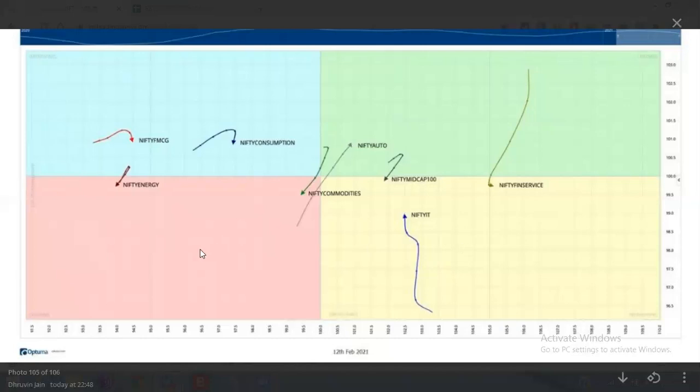Lagging, which is the red region: if a sector is in this quadrant, the whole sector is moving really down. In this region, the RS and the RS momentum are both weak. And improving, which is the blue region, has weak RS, but the momentum of RS is improving. Okay, this is the basic explanation.